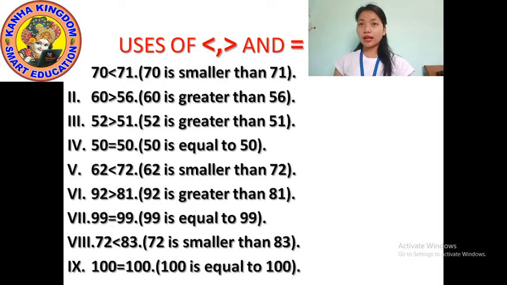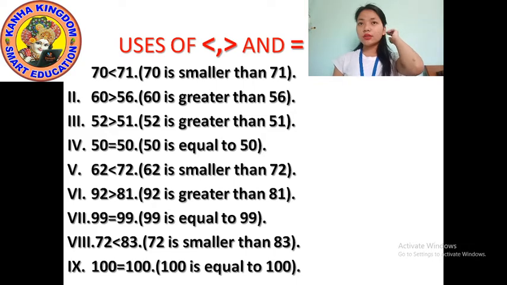We all know that, right? See, the third one is 52 is greater than 51. Yes, 52 is greater than 51 because 52 comes just after 51 and 51 comes just before 52.